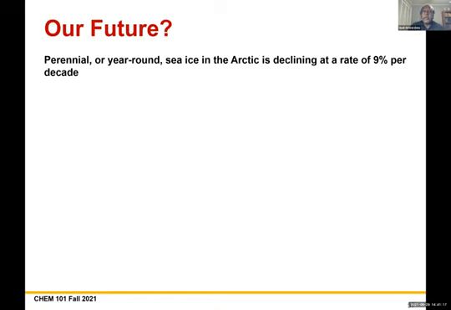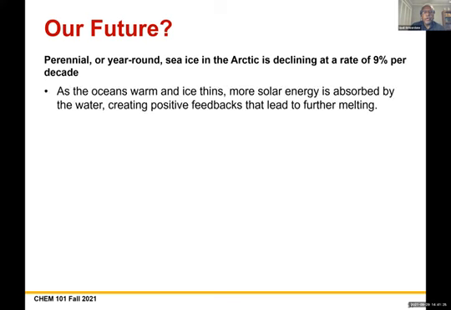Arctic ice has declined 9% over a decade. Oceans are warming, ice is thinning. Solar energy is absorbed by water. The ice reflects some of the radiation, but water absorbs.